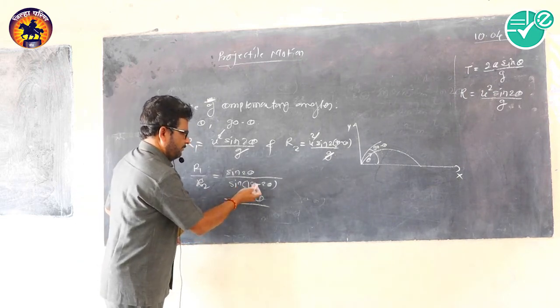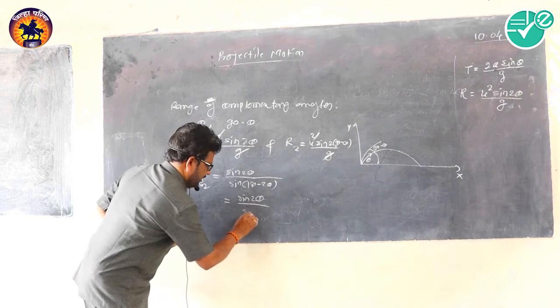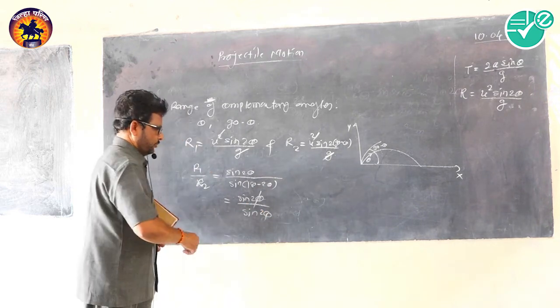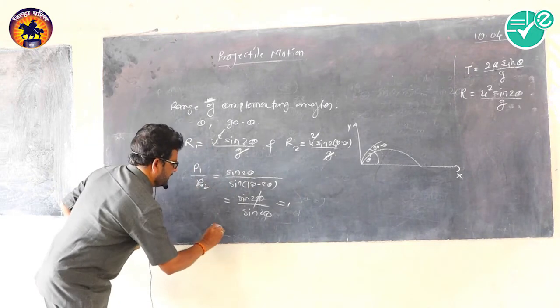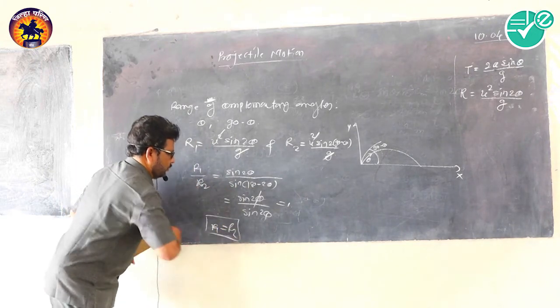Sin 180 minus 2 theta is sin 2 theta. Sin 2 theta cancels, that is 1. So R1 upon R2 is equal to 1, that is R1 is equal to R2.